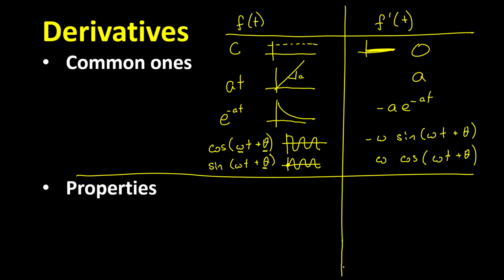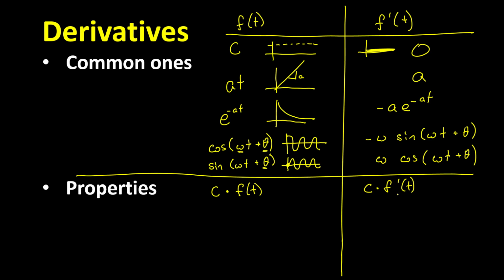So let's investigate a couple of properties about derivatives that will let you quickly calculate them for more complicated structures. If you have a constant of any sort and you multiply it by a function, then its derivative will be the constant times the derivative of the function.